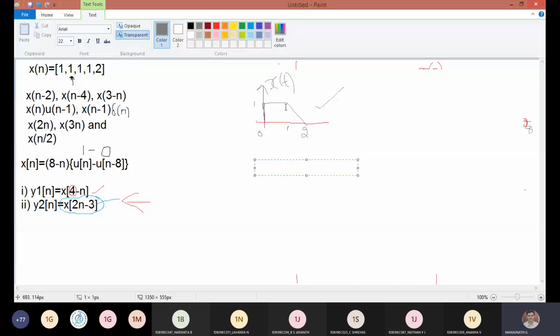You are supposed to plot X of minus 2t plus 3 and X of t divided by 2, minus 2. Don't write this together. It's t divided by 2 separately, then minus 2. So this is compression, this is expansion. Okay, now will you solve this?